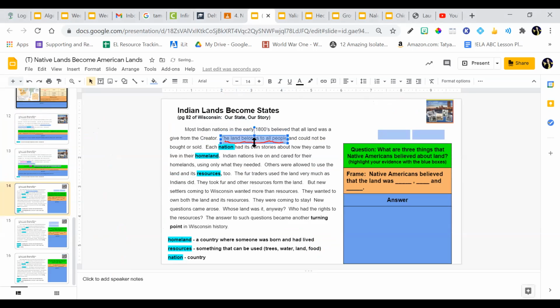The land belongs to all people. It could not be bought or sold. Okay, I could say it could not be bought or sold, right there. I can say that. What else? It was given from the Creator. Okay, land was given from the Creator.